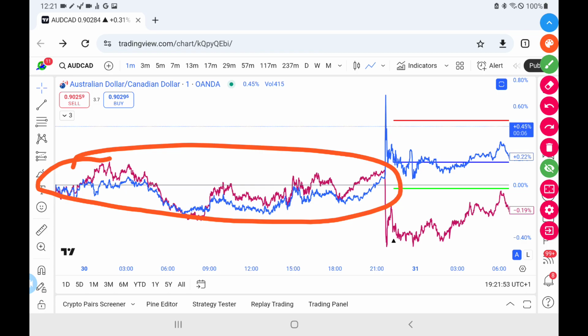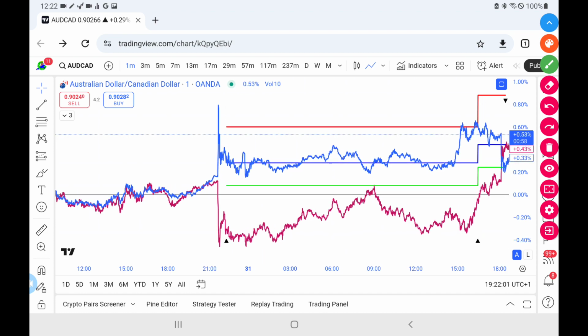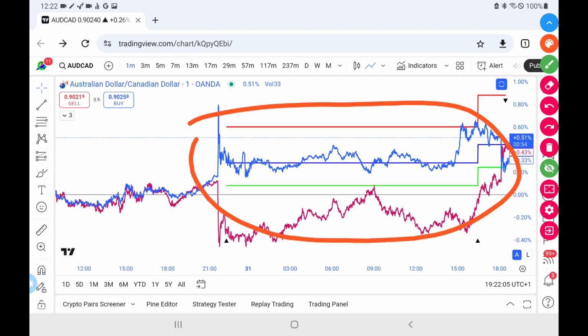That means they generally follow the same pattern. Now you will get situations like what we see on the screen where there is some slight differences. So this is a correlated pair that isn't perfect.